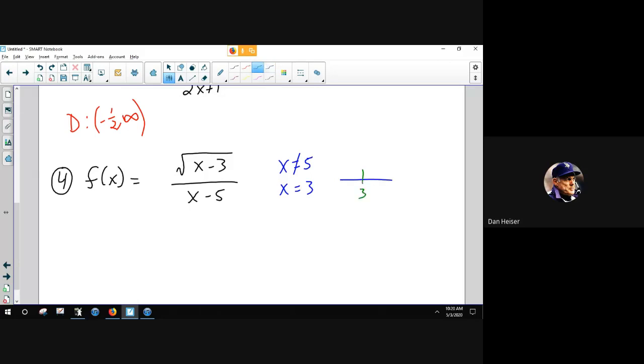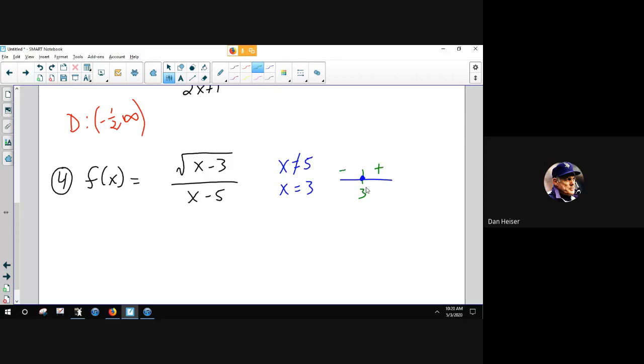And now I look for my positives and negatives. 3 is okay. 3 is an open circle. Now I look for my positive and negative. To the left of 3 is 0. If I plug in 0 for x, problem. All these values are negative, therefore all those values are positive.